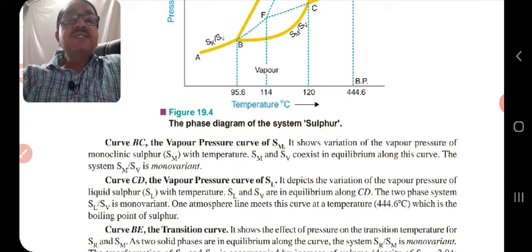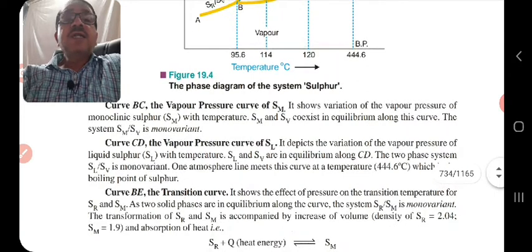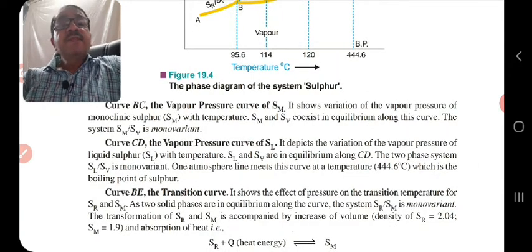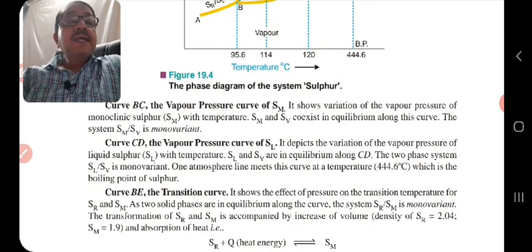The two phase system SL and SV is monovariant. 1 atmosphere line meets this curve at a temperature 444.6 degrees centigrade, which is the boiling point of sulfur. Now another curve is curve BE, the transition curve. It shows the effect of pressure on the transition temperature for rhombic sulfur and monoclinic sulfur.